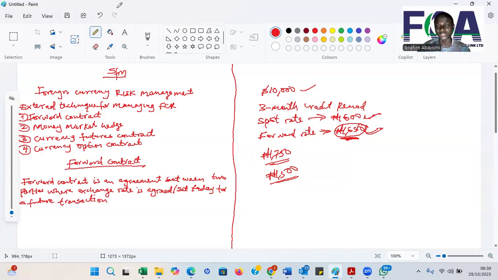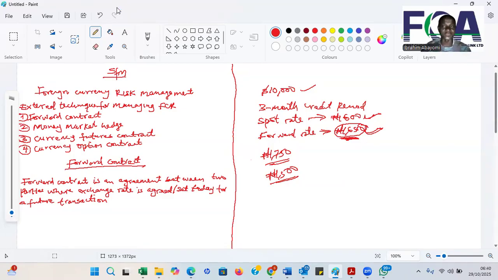However, like we earlier mentioned in our previous video, the objective of hedging is not for the company to make profit, but to hedge exposure, to have certainty about its cash flow projection. We want to be certain that we have an accurate, or at least reasonable, estimate of our cash flow. We don't want to have cash flow that is fluctuating every time.